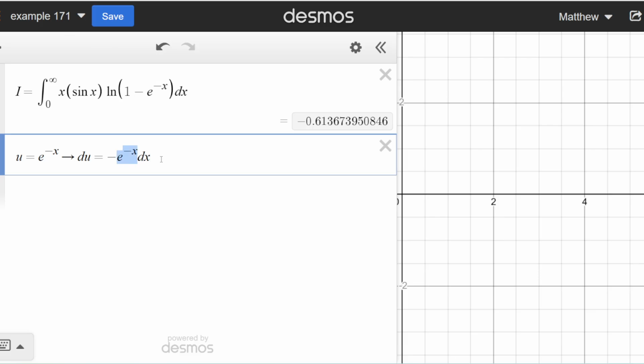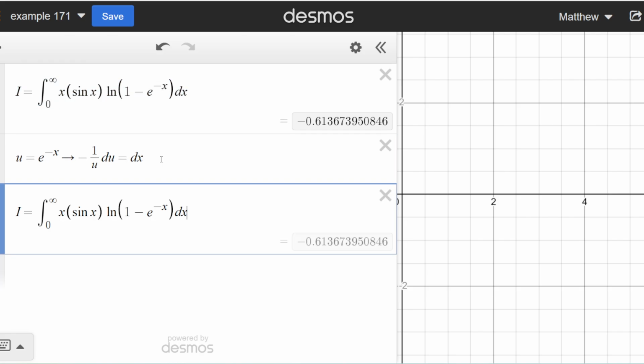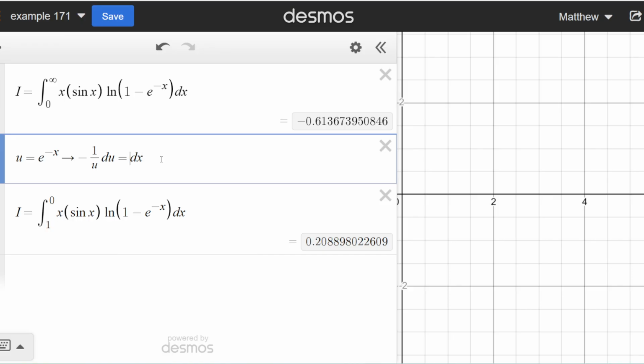Of course, e to the x is just u, and then we'll divide both sides by 1 over negative u and bring that negative out to the front. All right, so now let's go ahead and plug in that substitution. e to the negative infinity is 0, and e to the negative 0 is e to the 0 is 1.